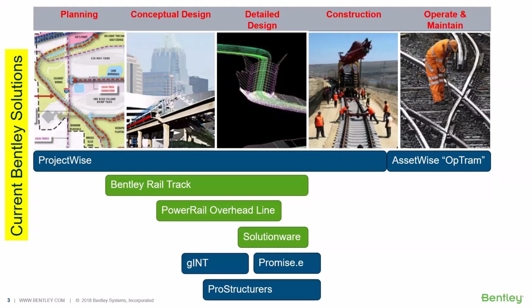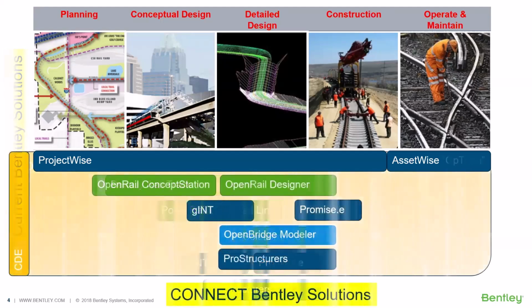Now at this point, we come across different product lines. We have Bentley Rail Track, we have Overhead Line for designing OHE, and then a variety of other software. Now what we are coming across is the connected data environment, where we have the ability to bring data from multiple products, either OpenRail Concept Station or OpenRail Designer.